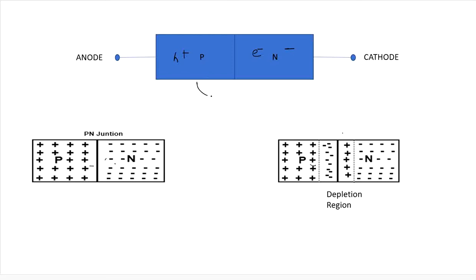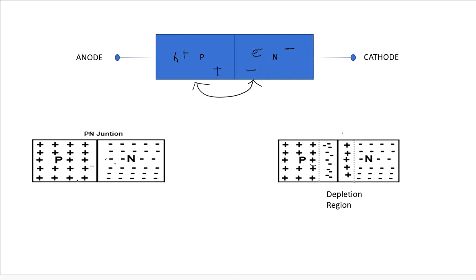When these two types of semiconductors combine together, as the p-type semiconductor has majority positive charge carriers, and the n-type semiconductor has negative charge carriers, there will be a potential difference between these two.